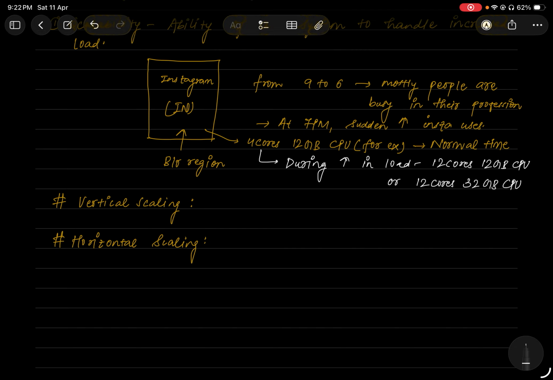Okay, so basically what I'm doing is upgrading the machine, upgrading the CPU, and upgrading the overall memory. Okay, so this is called vertical scaling.